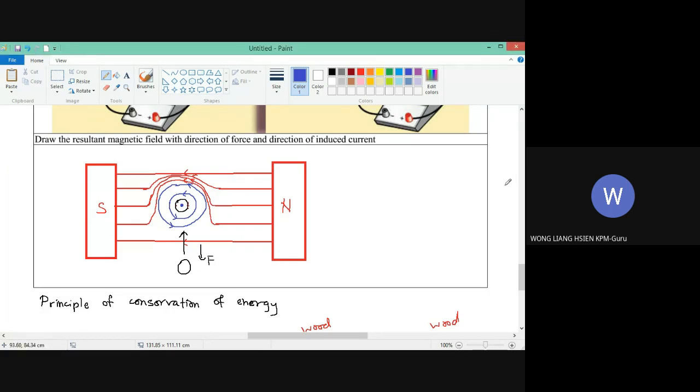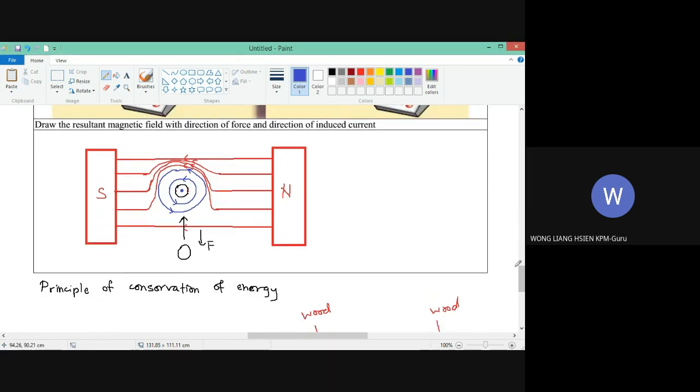Okay, now you see the relationship between the magnetic flux. This is the direction of the magnetic flux of the permanent magnet. This is the direction of the induced current, perpendicular.